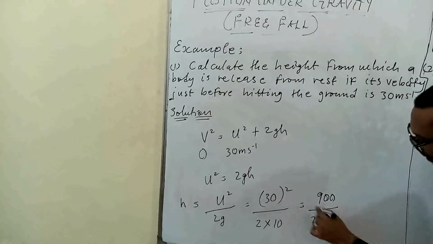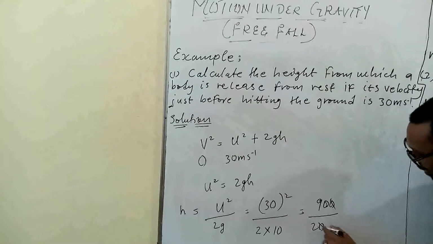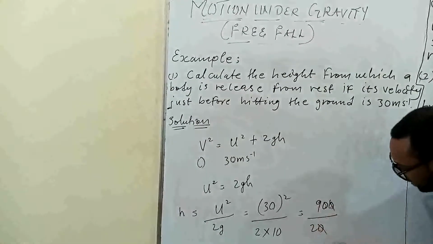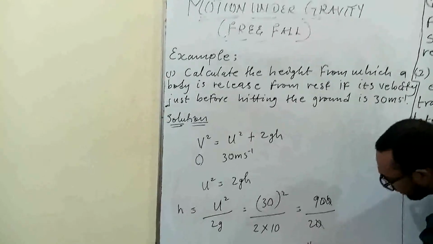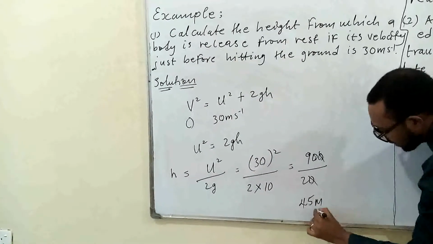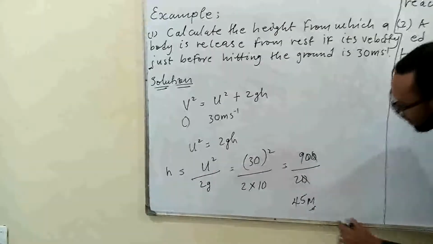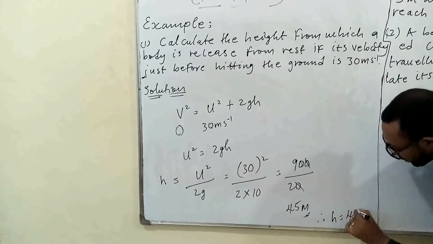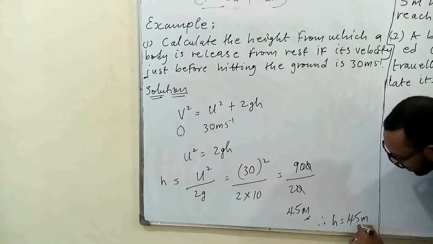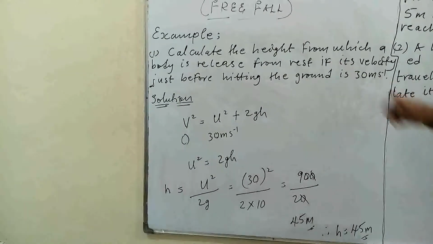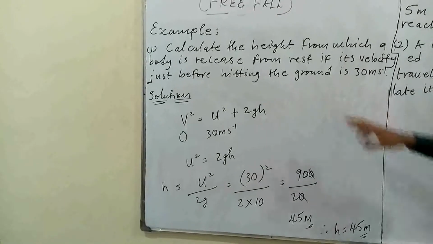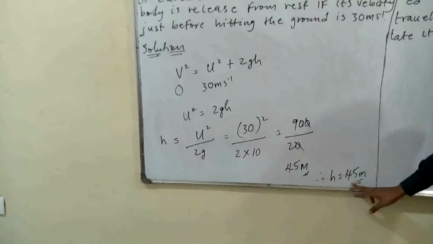And at the end, if you divide this, that will give you 45 meters. So h is equal to 45 meters. The height from which the body is released from rest is 45 meters.